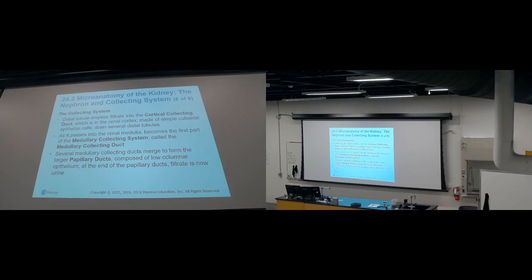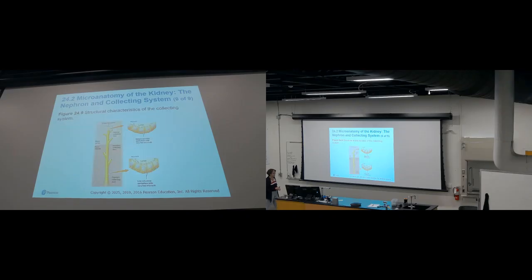And then this system is going to empty into the papillary ducts. And this, in general, in the medulla, since these tubules run straight, parallel to each other, they make the medulla look like it was striped. So this is the collecting system.